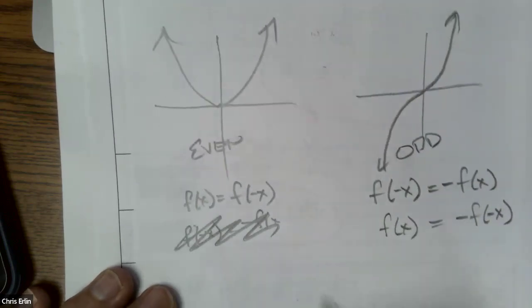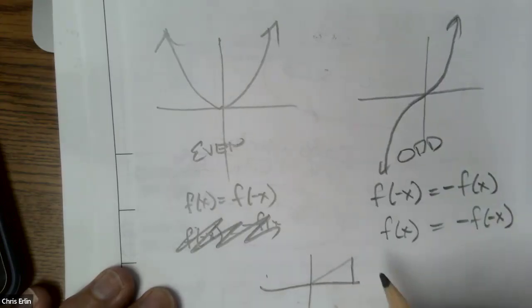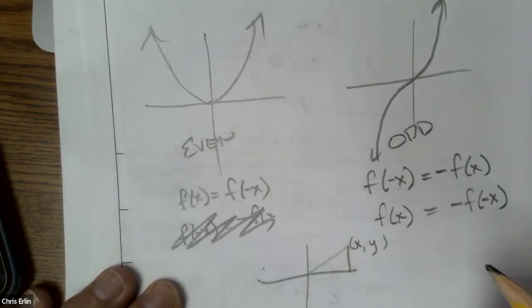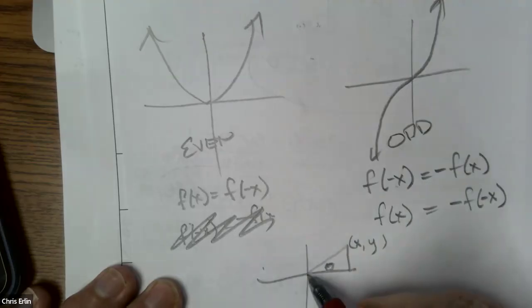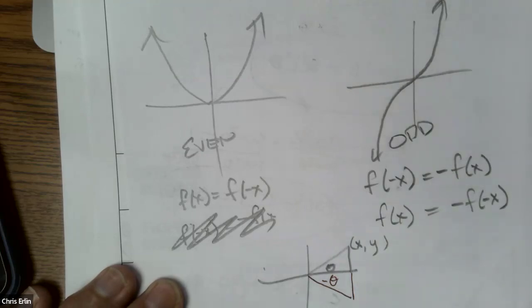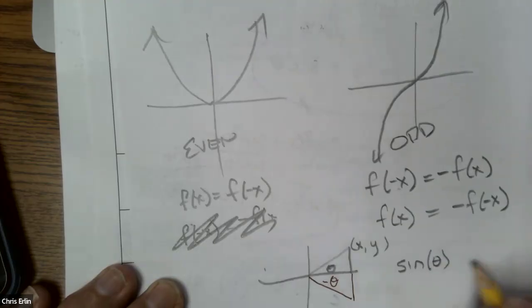So let's take a look at sine and cosine. If I were to take some angle here, and let's say that my coordinate now is x comma y. This angle is theta. Where is negative theta? It's down this way, isn't it? So how would the sine of theta compare to the sine of negative theta?